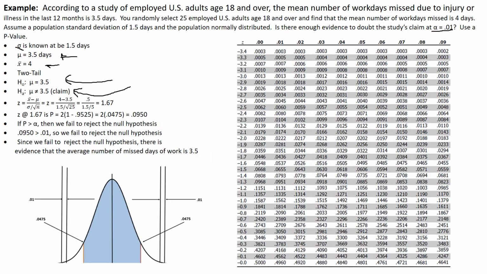Now 1.67, take a look at this. I'm using the negative side, but it's the same thing on both sides because we're going down the middle here. There's negative 1.6, and 0.07. This says here it's 0.475. So 0.475 on this side and 0.475 on this side.